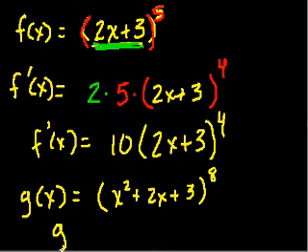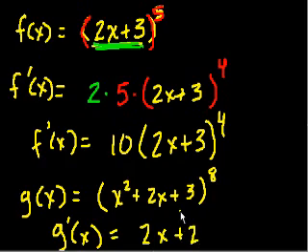So g prime of x is going to equal, well, what did we say? We take the derivative of the inside. This is called the chain. What's the derivative of the inside? It's 2x plus 2 plus 0, right? And then we take the derivative of the whole thing, and we just pretend like this whole expression, x squared plus 2x plus 3, is just like the variable x.